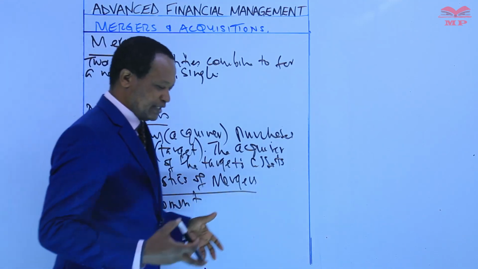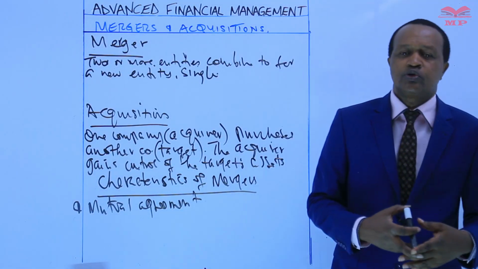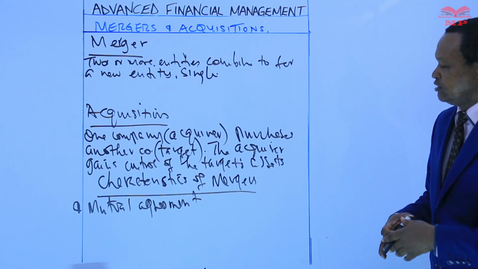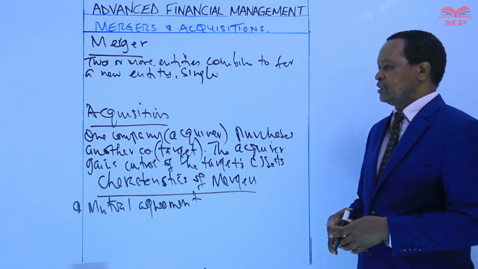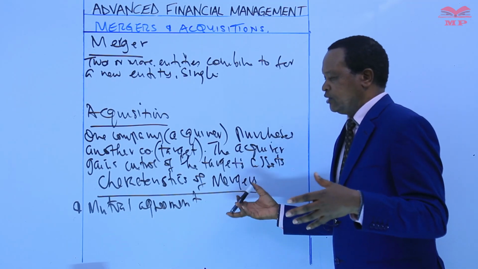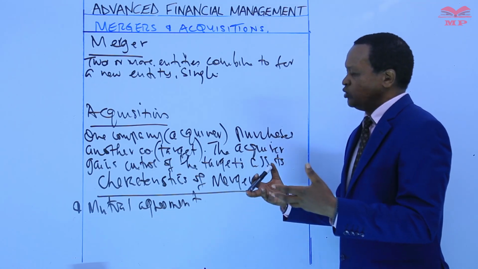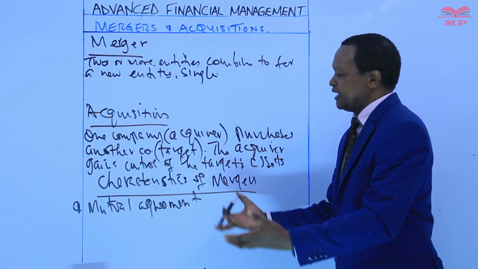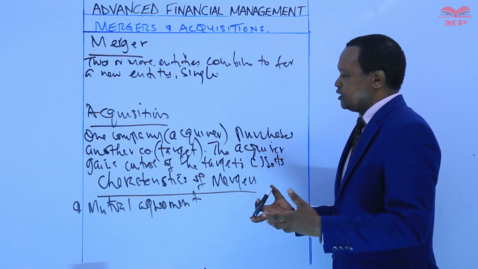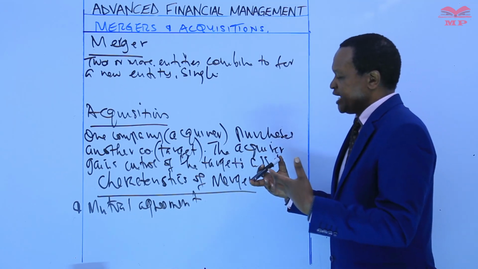They both agree. It's more or less like a marriage, where a man and a woman mutually agree to the arrangement of marriage. It is a mutual agreement.